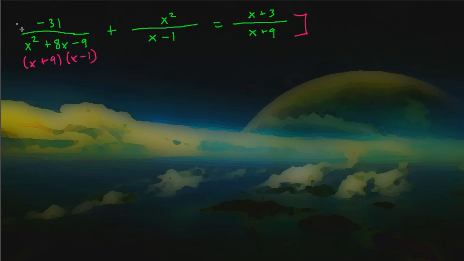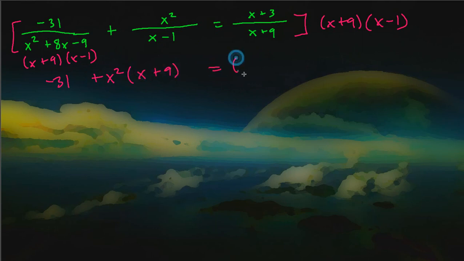And we're going to clear our fraction by multiplying by our least common denominator of x plus 9 and x minus 1. And that gives me -31 plus x squared times the x minus 1 here will cancel, so I have x plus 9 times x plus 3 and the x minus 1.